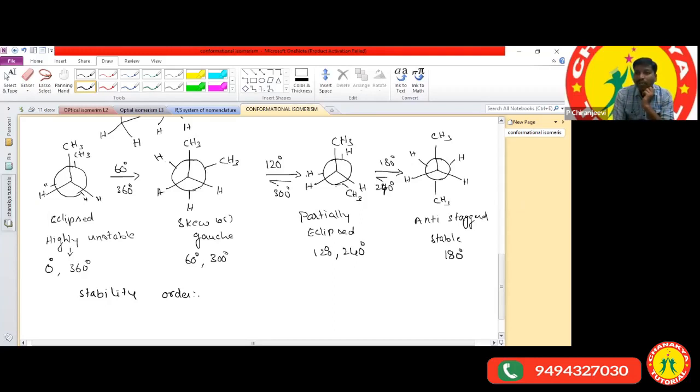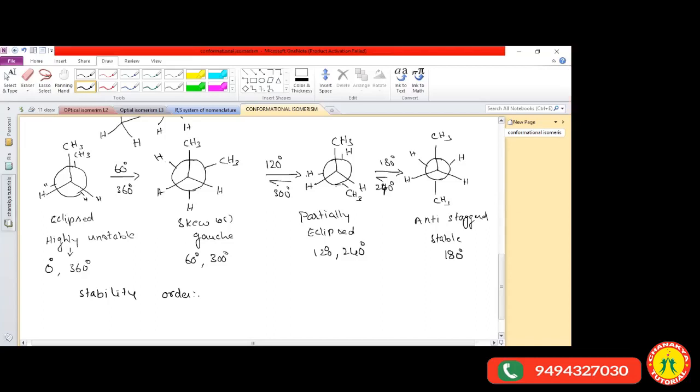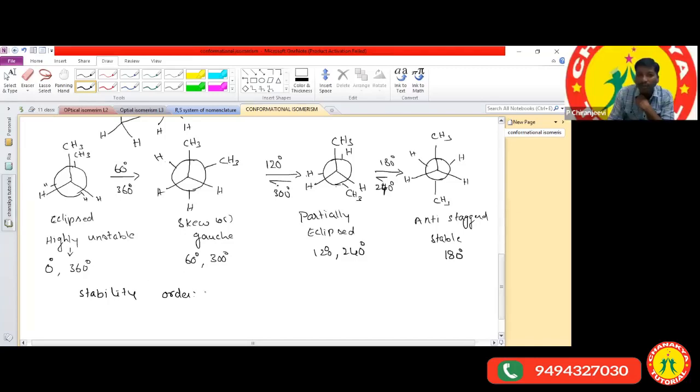Anti-staggered. Very good. So the most stable is anti-staggered.